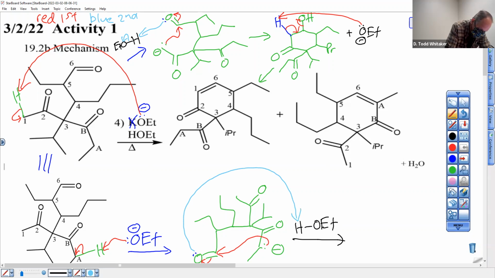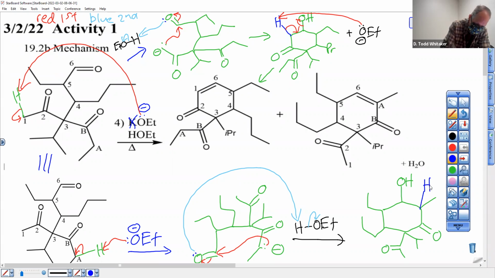I'm going to draw what looks like the second product, except on carbon 6 again, there will be an OH. So I'm going to draw it this way, just because it's easier to copy. Got a methyl, got a carbonyl, got an isopropyl, got an acetyl if you're looking for names, propyl, ethyl, hydroxyl, and alpha H number 2.